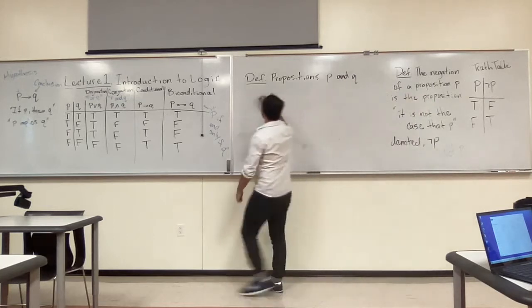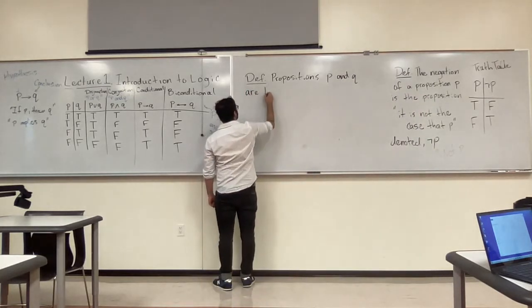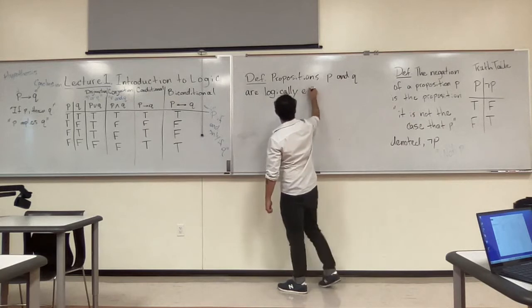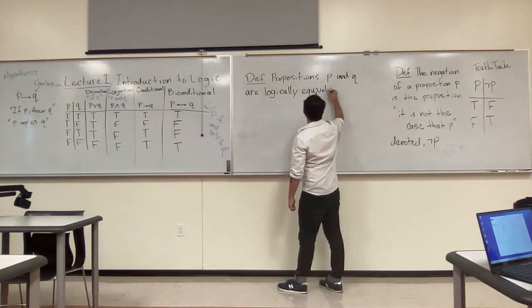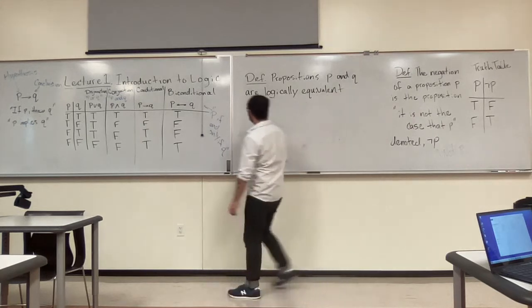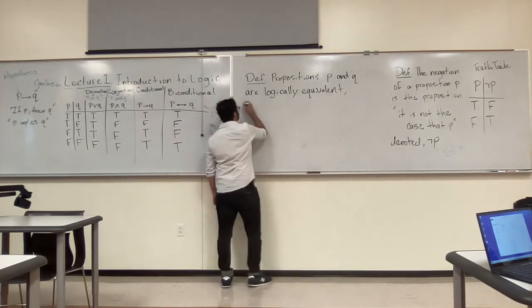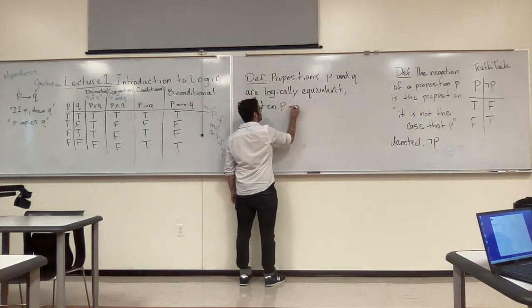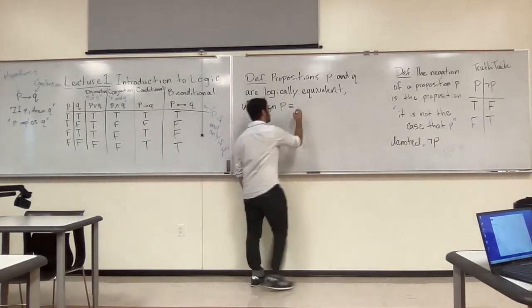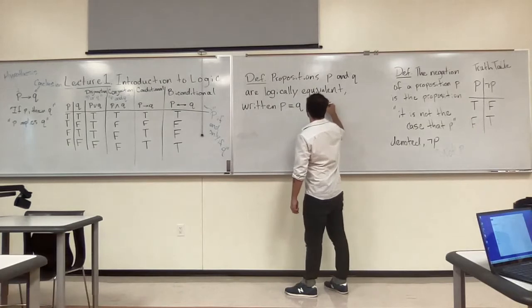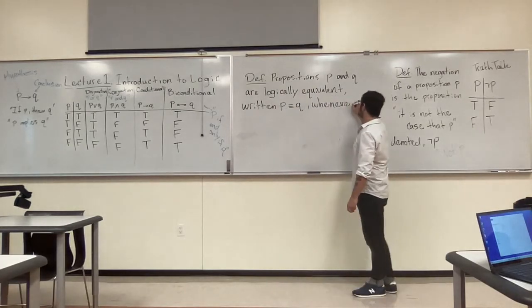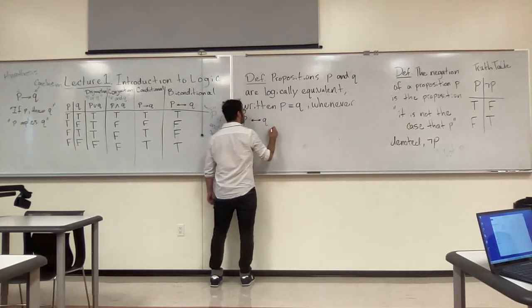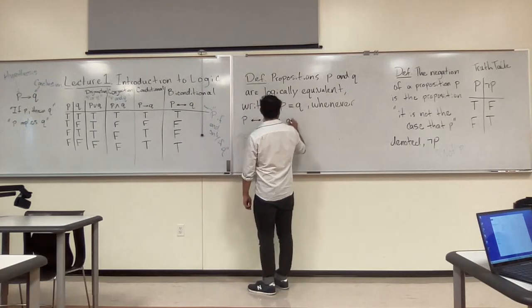So propositions P and Q are logically equivalent, written P triple equal sign Q, whenever P if and only if Q is always true.